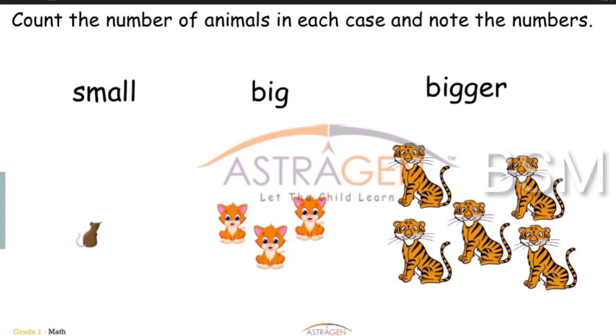Now the mouse is very tiny, but the cat is a little bigger than the mouse. Yes or no? Are the cat and the tiger the same size? No, the tiger is bigger than the cat. Now let's count and see. We have 1, 3 and 5. So 1 is small, 3 is big and 5 is bigger. So if we have to compare 3 numbers, this is how we do.